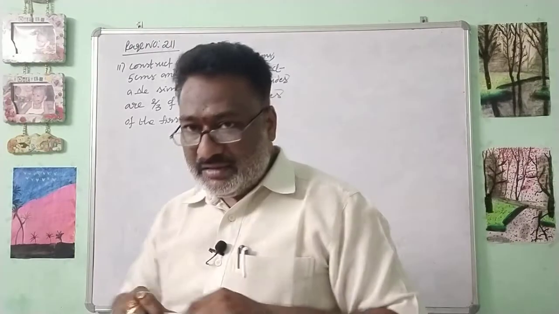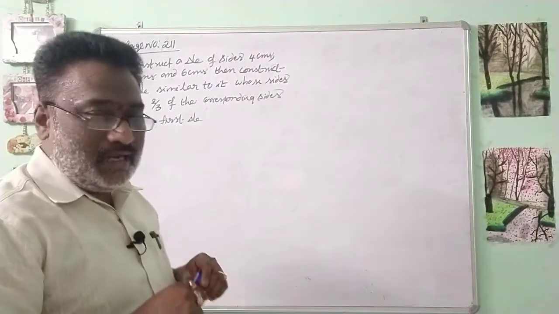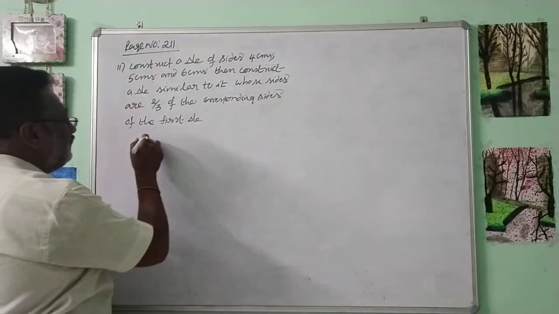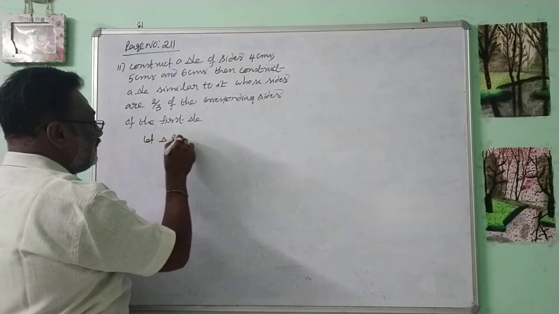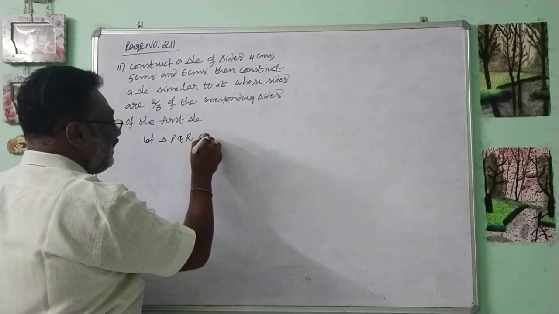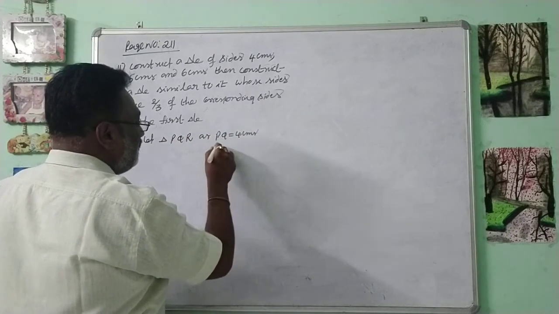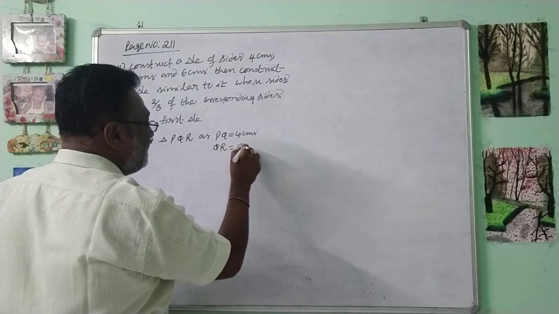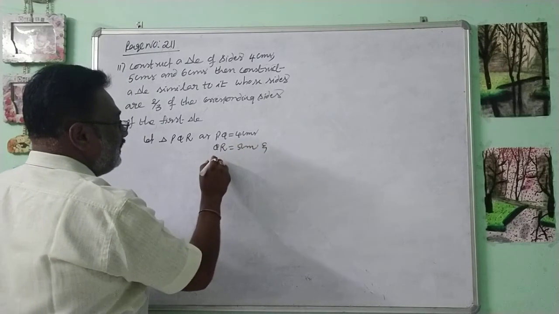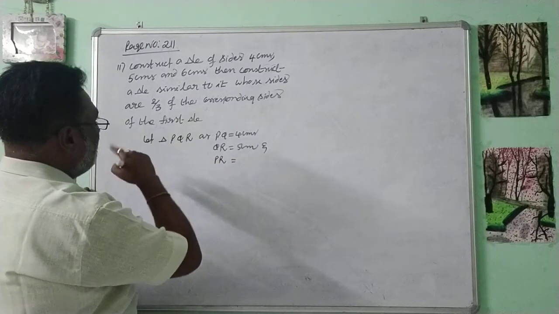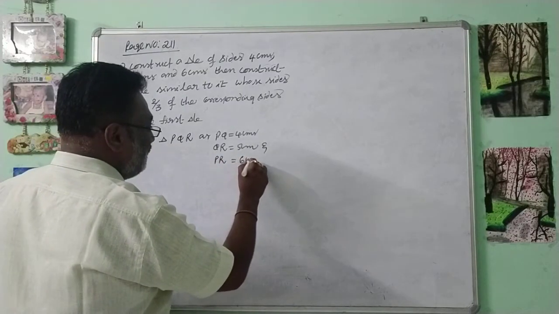Okay, so first of all I am naming that triangle which you are going to construct as PQR. Let triangle PQR have PQ equal to 4 centimeters, QR equal to 5 centimeters, and RP or PR equal to how much, that is 6 centimeters.